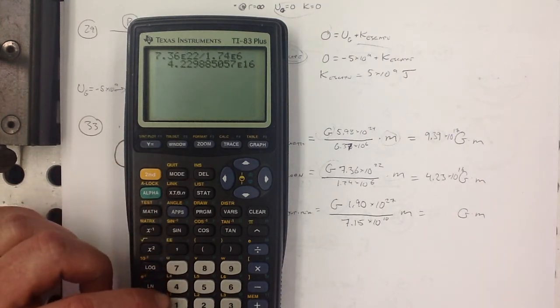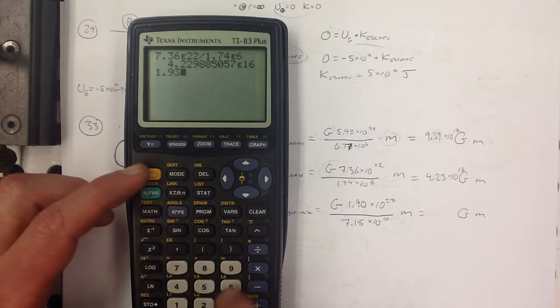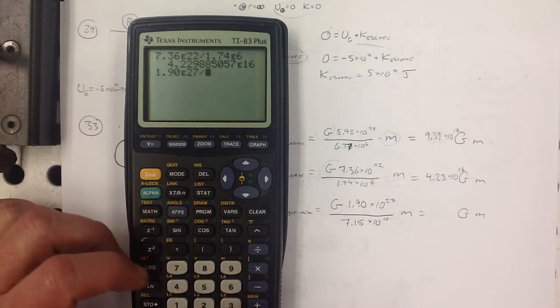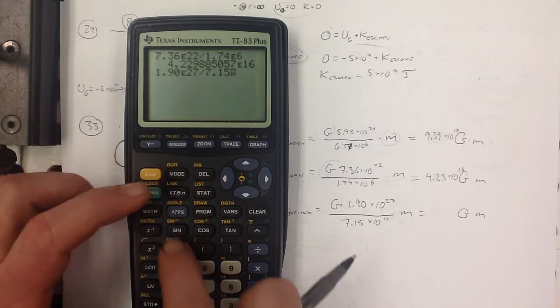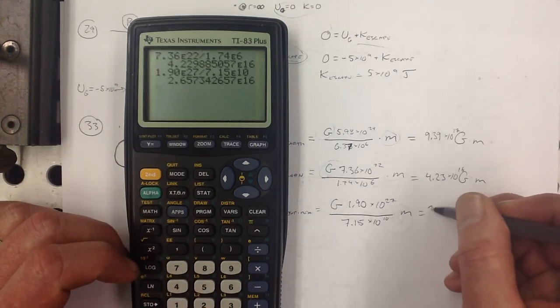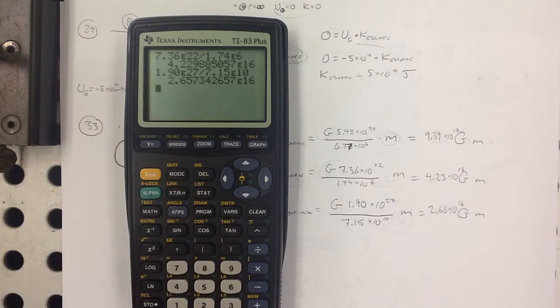And Jupiter, 1.90 times 10 to the 27 divided by 7.15 times 10 to the 10. 2.66 times 10 to the 16. All right, how did we do there? So, something I don't like here.